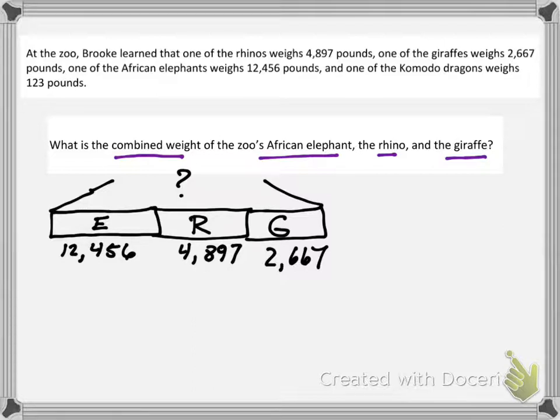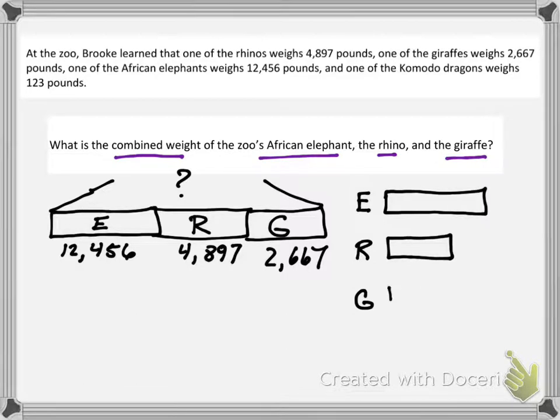The other way of doing this is we can put E for elephant, R for rhino, and G for giraffe. And the elephant, we can make this one a little bit bigger. The rhino is going to be a little bit smaller, and the giraffe a little bit smaller.